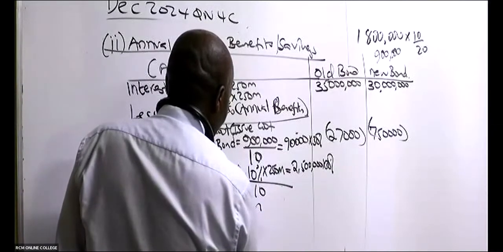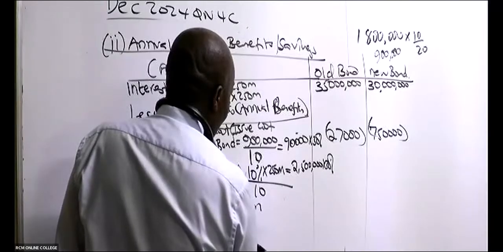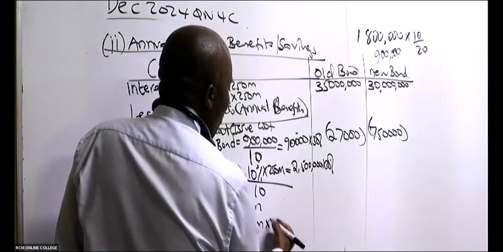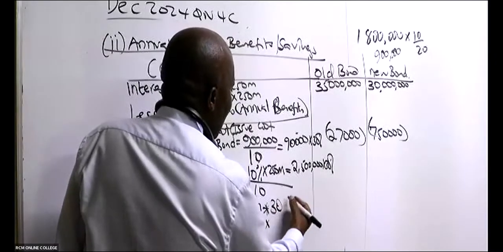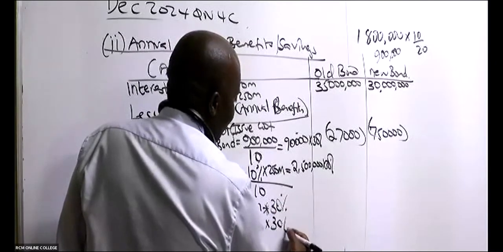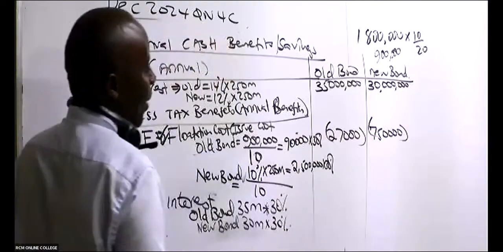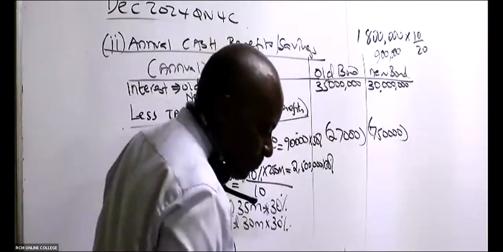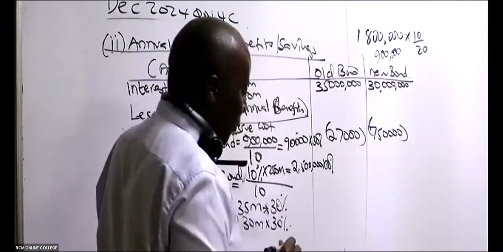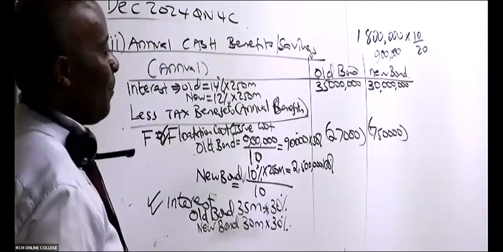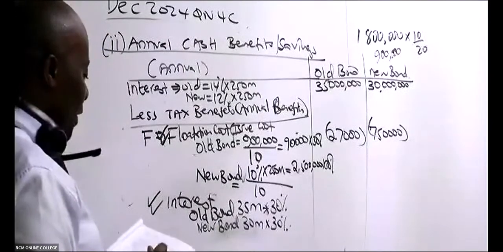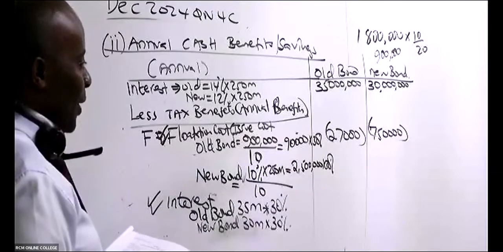And for the new bond, the interest is how much? 30 million. We are only interested in the tax benefit of the same. A 30% tax benefit has been given.